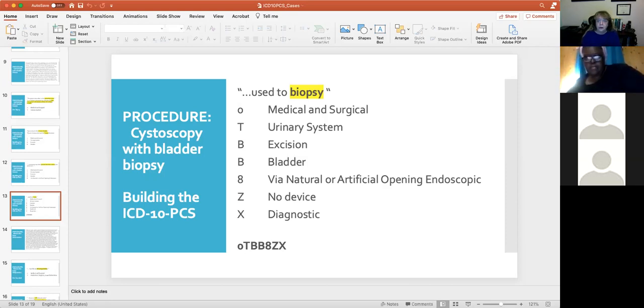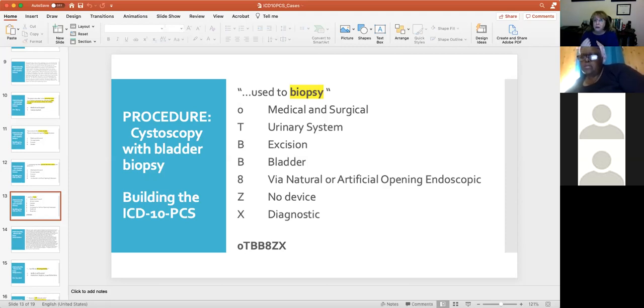So we end up with all 7 characters: 0, T, B, B, 8, Z, X. Why will it be X, diagnostic? Because a biopsy is performed for purposes of determining an accurate diagnosis. So we know that it is diagnostic as opposed to therapeutic. Therapy would be more of a treatment.